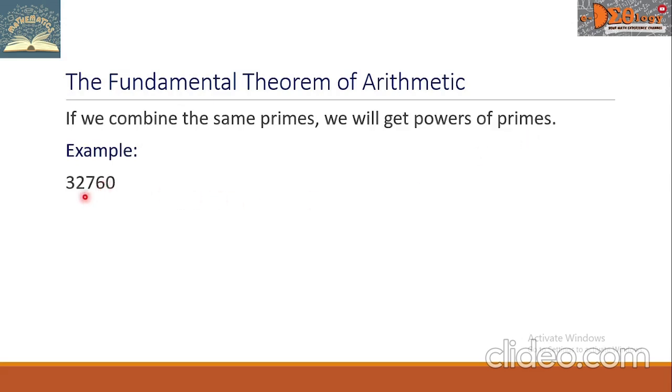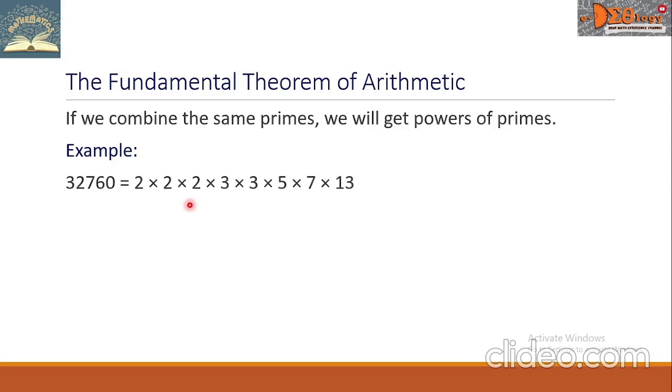Example, we have this number, 32,760. We can factorize it like this. We have 2 times 2 times 2 times 3 times 3 times 5 times 7 times 13. We have the prime factors here. Then we combine all prime factors which are the same.